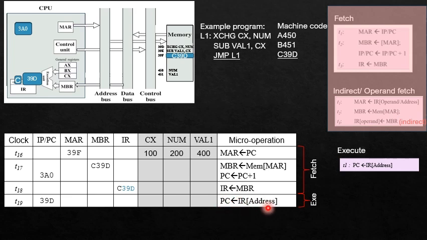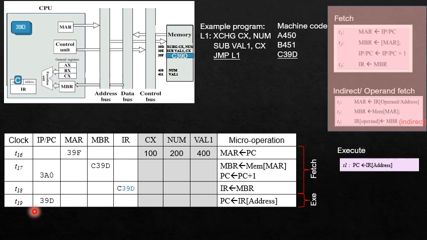The target address is 390 because jump L1 means in this instruction, after the third line of the instruction, it will need to jump back to exchange, and you know exchange location is 390. So this 390 will be updated to the PC value, so that the next instruction to be fetched is the exchange instruction.